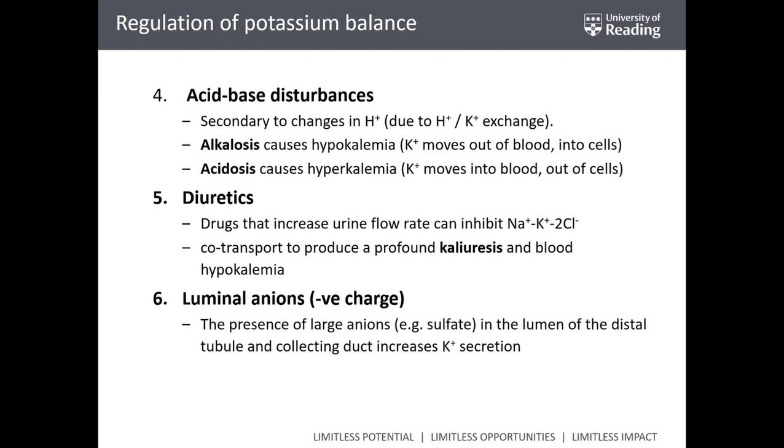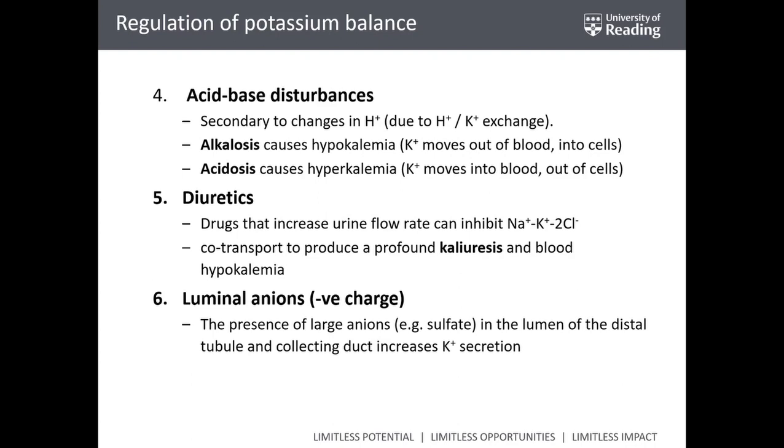A fourth factor are the disturbances in acid and base balance in the blood. Why? Because in the kidney epithelia we have sodium and potassium exchange. So an increase in the pH in the blood causes hypokalemia, causes the loss of potassium out of blood into cells.